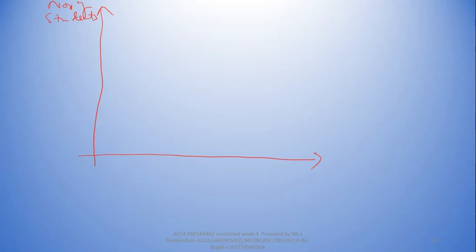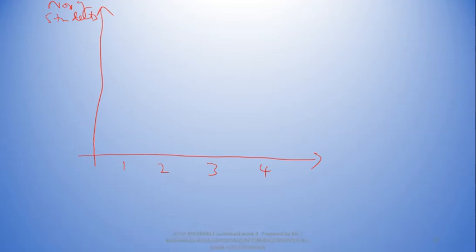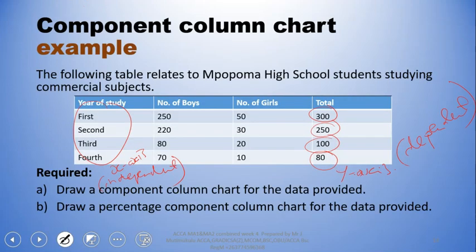We have year 1, year 2, year 3, year 4. All right, we have this information. We've drawn our chart there.